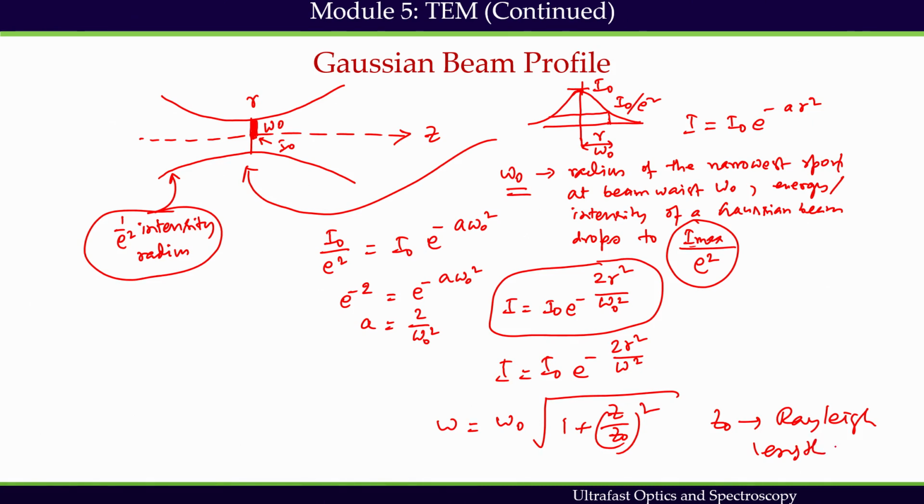So this is the definition. Whenever we show the Gaussian profile like this, this profile indicates that we are drawing the 1 by e square intensity radius profile.